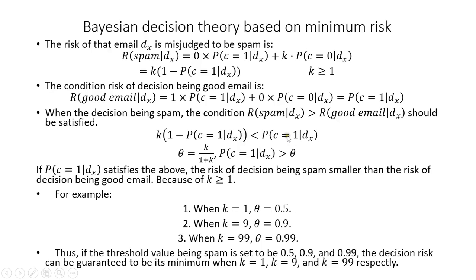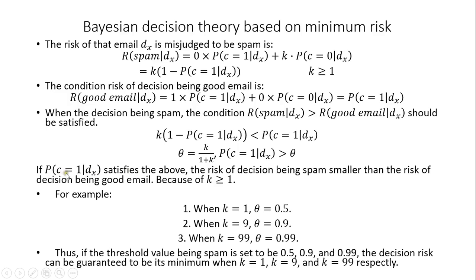And we can use this equation to calculate the risk of email to be spam. It is misjudgment. And this equation we can use to calculate the condition risk of decision being good emails. And we have this condition here. The risk to be spam is greater than the spam to be good email.